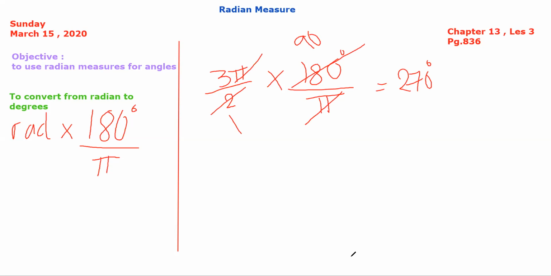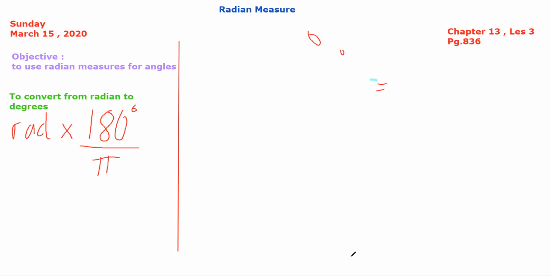Now, what if I want to convert from degrees to radian? Here, I want to convert from degrees to radian.